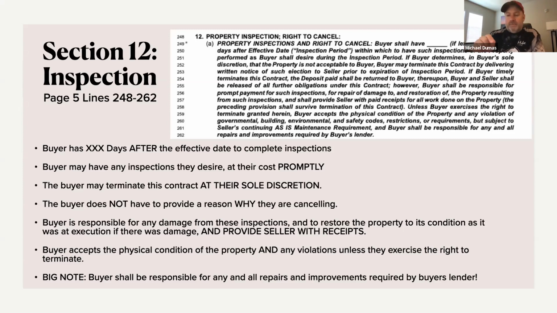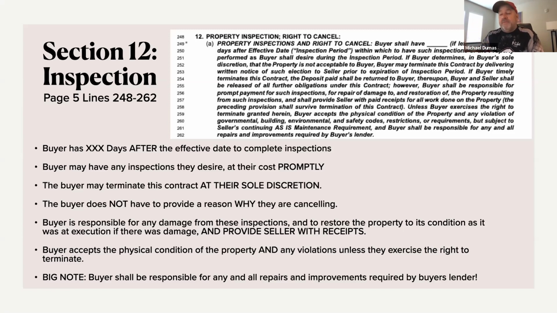The buyer is responsible for any damage from these inspections. And we've had this happen. John had that happen with the townhome over in West Chase, right? The buyer is responsible for the cost of the inspections and to restore the property to its condition as it was at execution if there was damage.